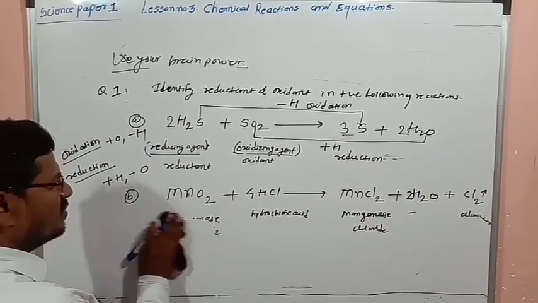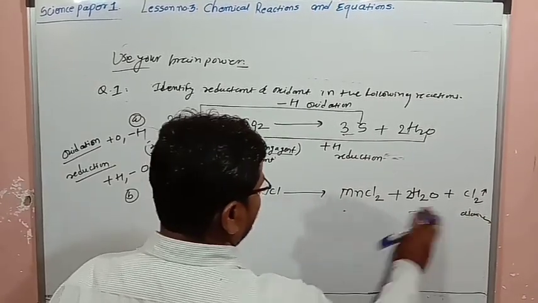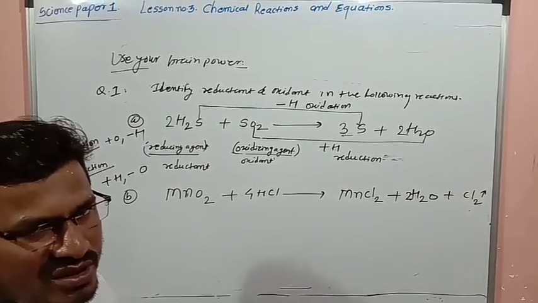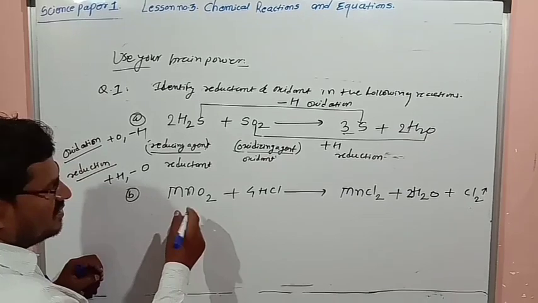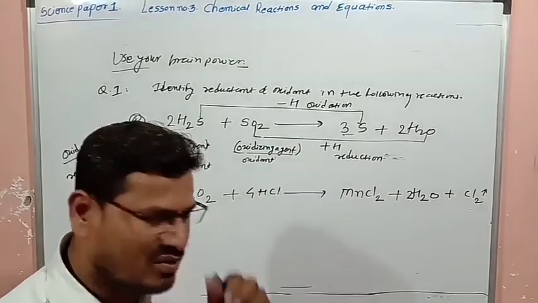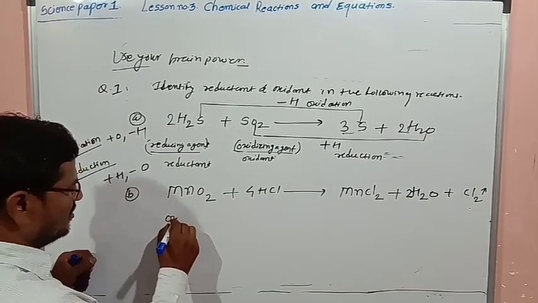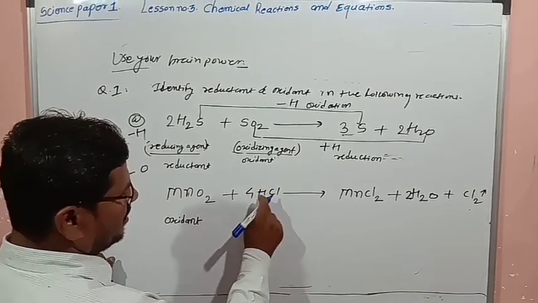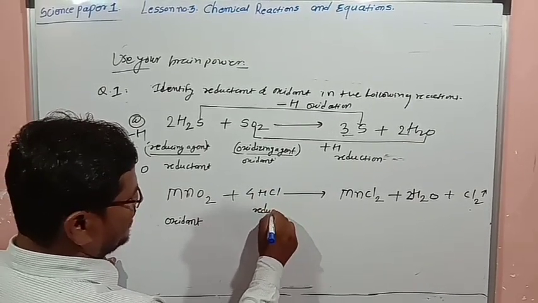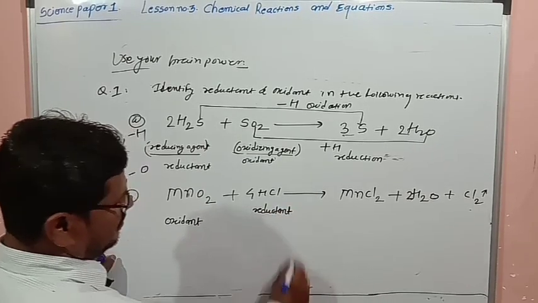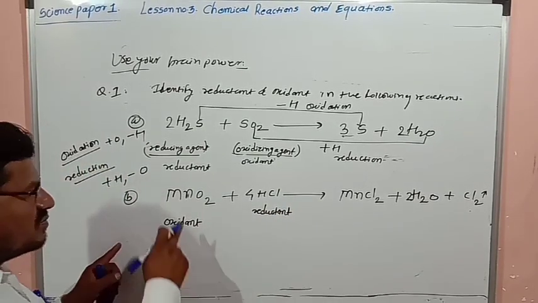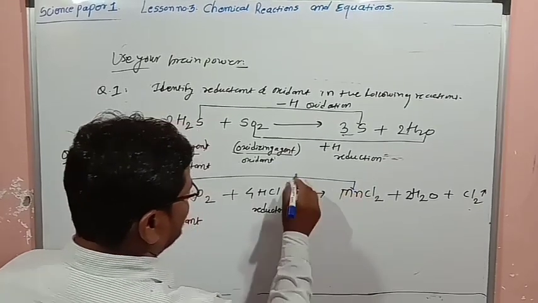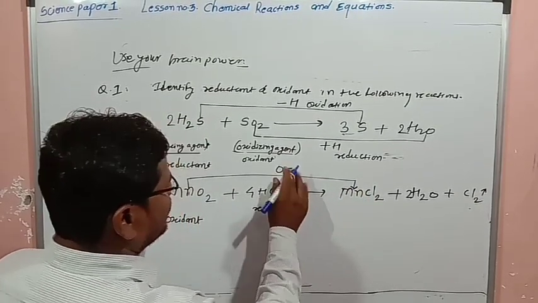Here we have to find out which is the reductant and which is the oxidant. It is easy to understand. The substance which has oxygen is the oxidant. The substance which has hydrogen is called a reductant. So here from Mn, minus O takes place.